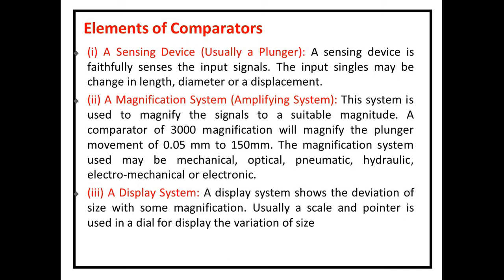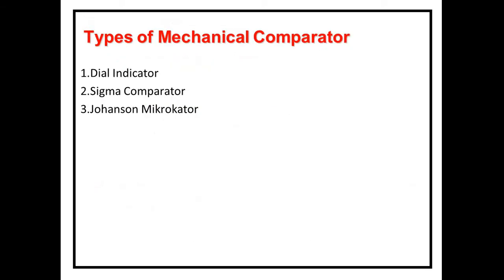Usually a scale and pointer in a dial is used to display the variation of the size. This is the example of the mechanical dial gauge indicator, which we will see later. So these are the elements of the comparator.